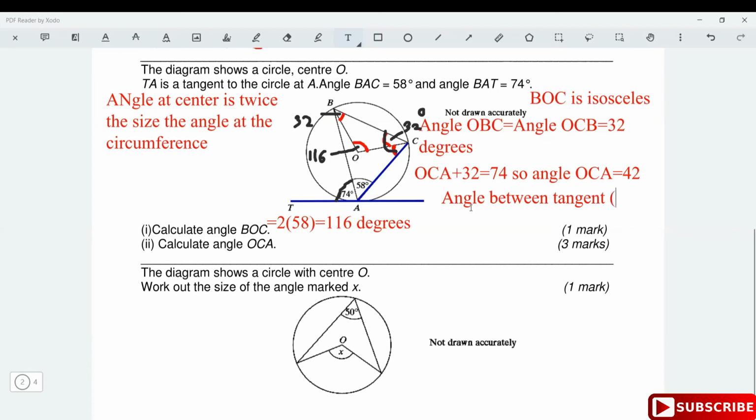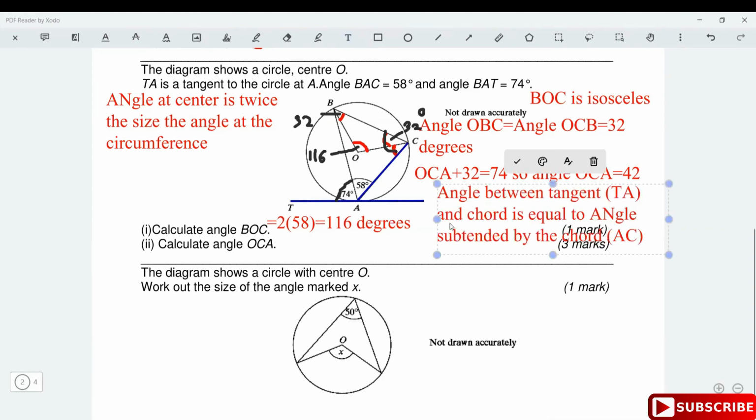Angle between tangent and chord is equal to angle subtended by the chord. And the chord that we're talking about is AC. That's it.